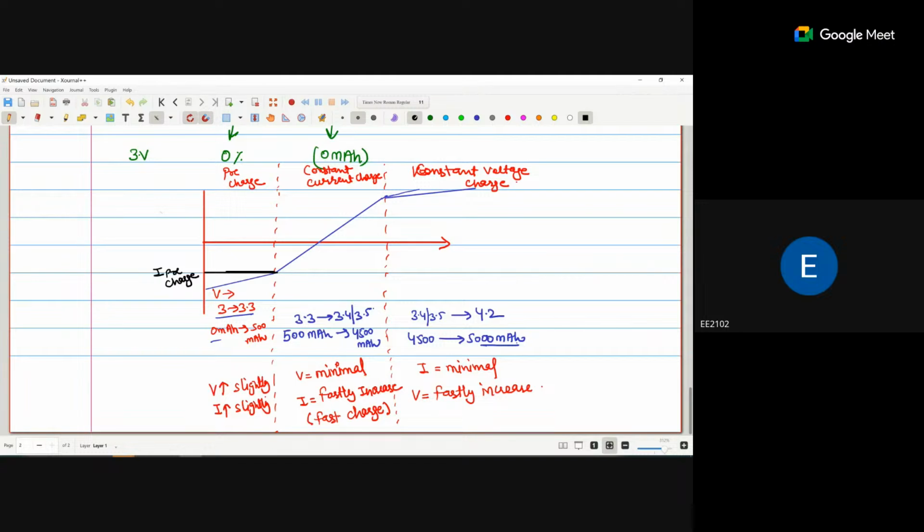After that, when it grows from pre-charge to the constant current, the current will be rapidly increased. So it is called the fast charge condition. After that, when it goes up to this point, the current will slightly start to increase, and it will go to zero when fully charged. So this type of graph will be explained by the professor.